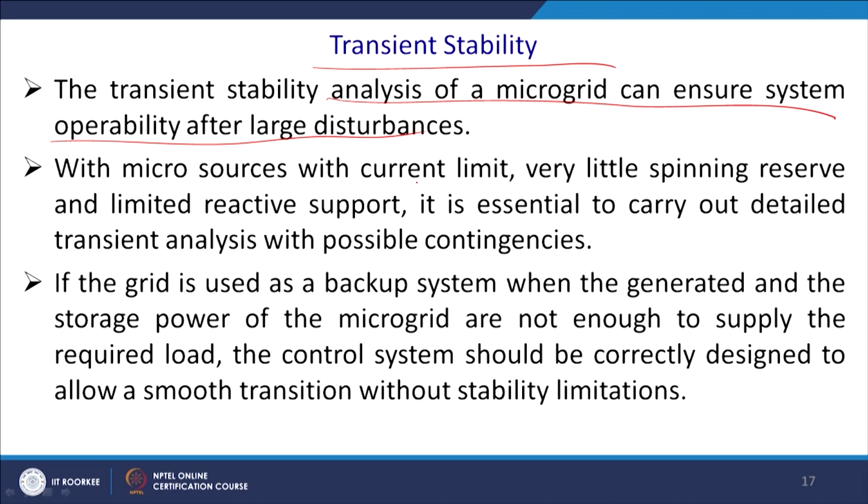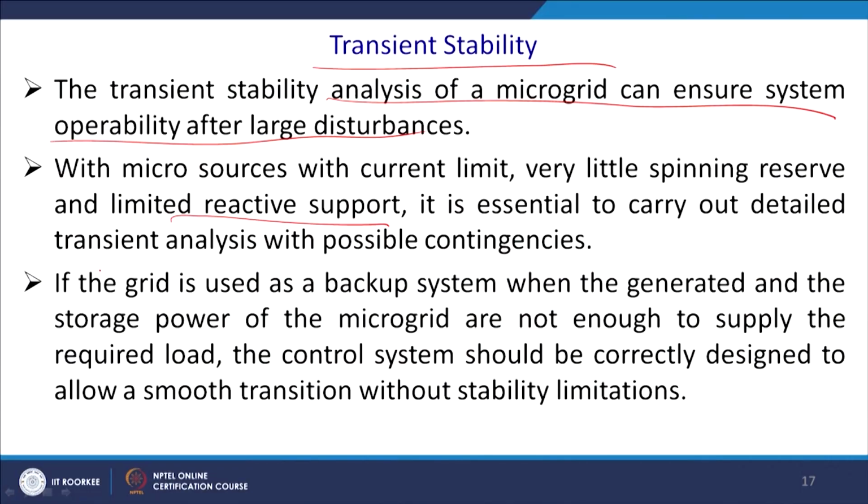With micro sources having a current limit, since you have put a current limiter in place, there is very little spinning reserve and limited reactive support, because voltage cannot be boosted by reactive support in the case of the AC microgrid. It is essential to carry out a detailed transient analysis with possible contingencies and possible limitations.